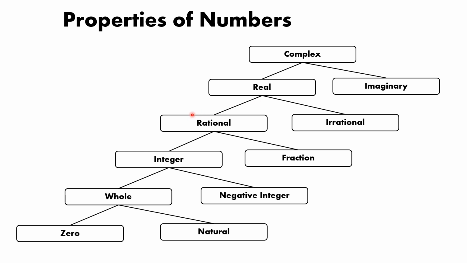Now, all rational numbers and all irrational numbers, so for example, pi or root of 2, make up all real numbers, which can be put on a number line. And all real numbers and all imaginary numbers, so imaginary numbers are basically numbers that come from i. So i is the result of the root of -1.